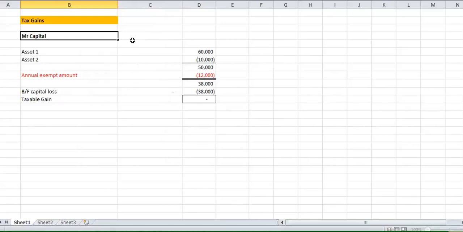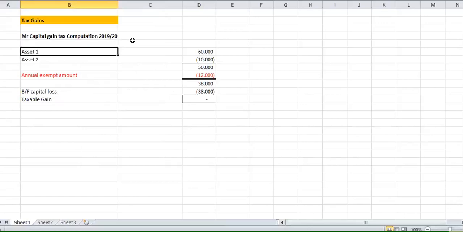So, Mr. A capital gain tax computation for 2019-20. For example, we have sold an asset 1.